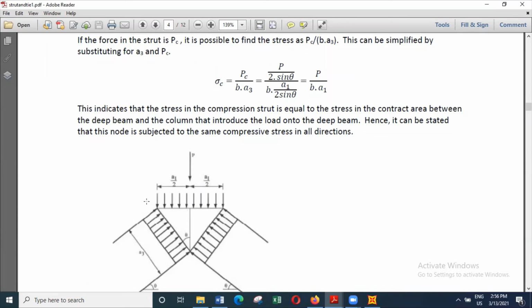So in a joint like this, you'll get that the stress is equal in all directions. So this indicates that the stress in the compression strut is equal to the stress in the contact area between the deep beam and the column that introduces the load onto the deep beam. Hence, it can be stated that this node is subjected to the same compressive stress in all directions. So this is one of the joints where the concrete is in compression in all directions.